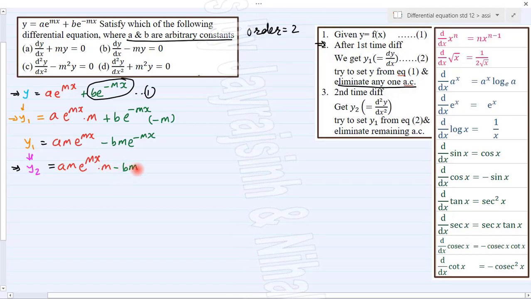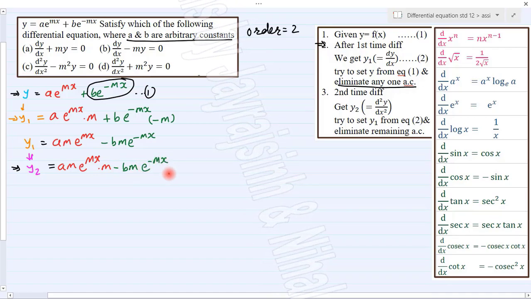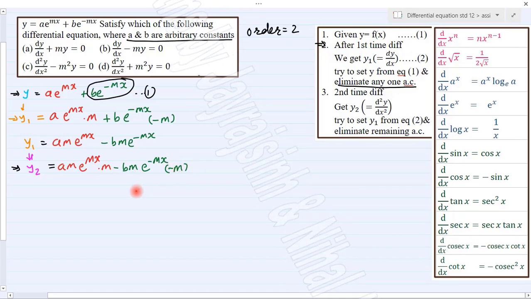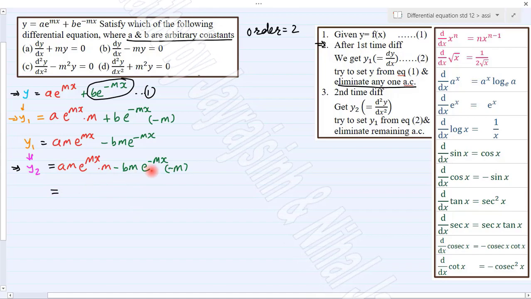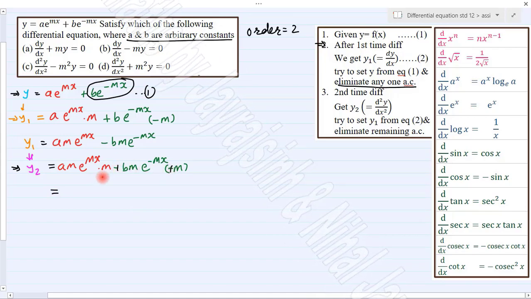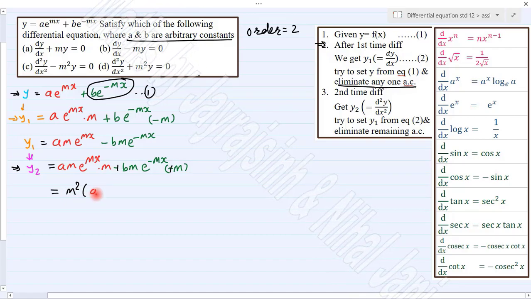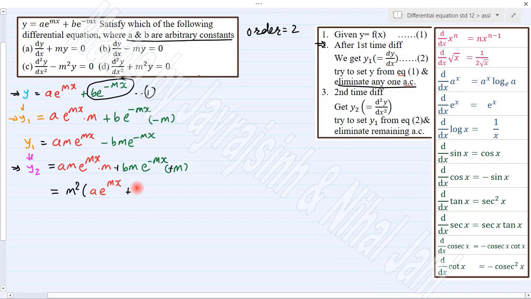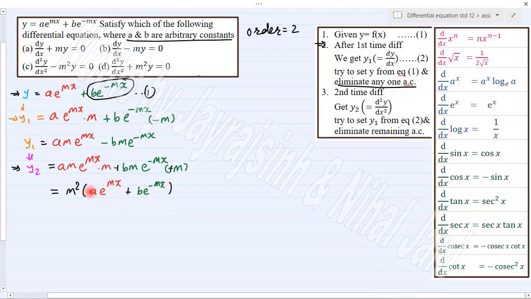And in the second term, bm will be as it is, and differentiation of e raised to minus mx will be e raised to minus mx into minus m. Now here, as you can see, this minus minus becomes plus, and we can take m square common.